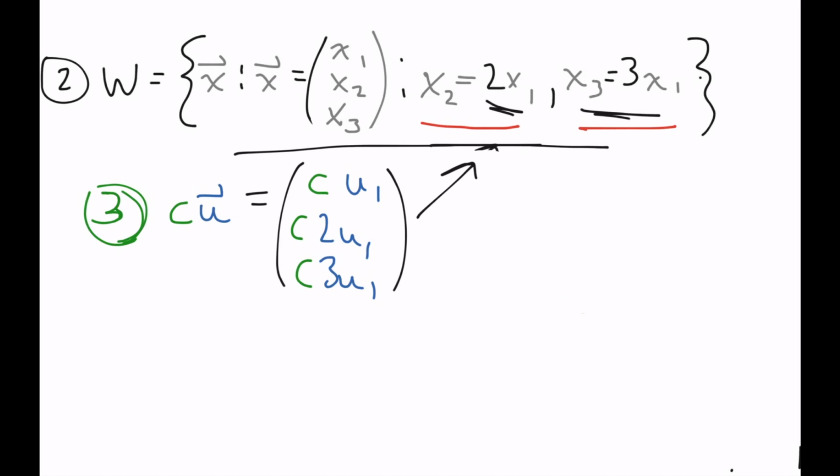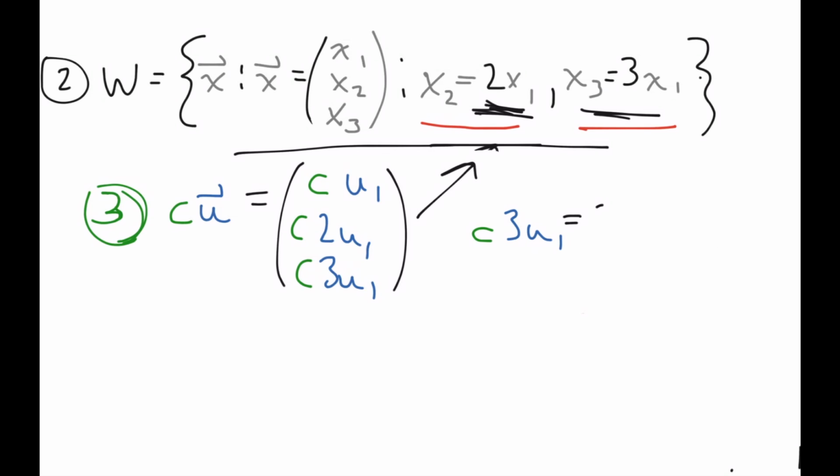Okay, so x2, which is c times 2u1, this should be equal to 2x1. So let's say 2, and then what is x1? That is cu1. Clearly this is true. Let's try the second specification. So x3, well, x3 we know is c times 3u1.